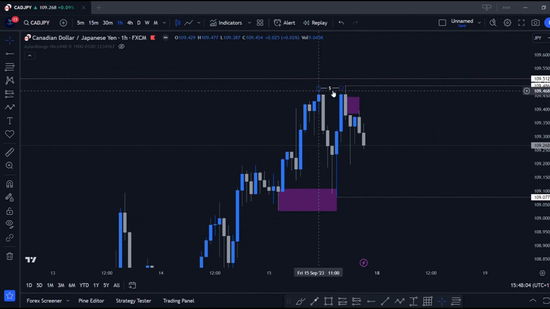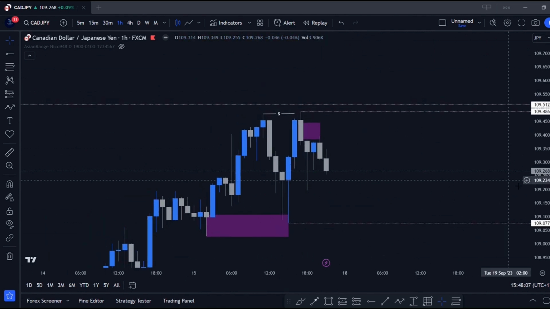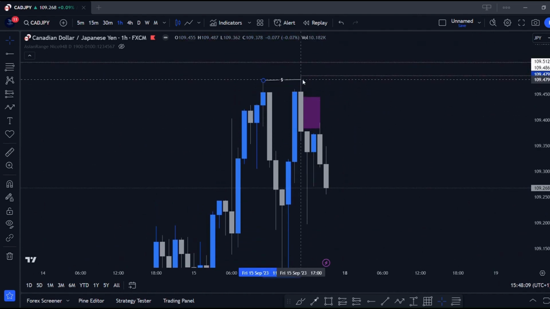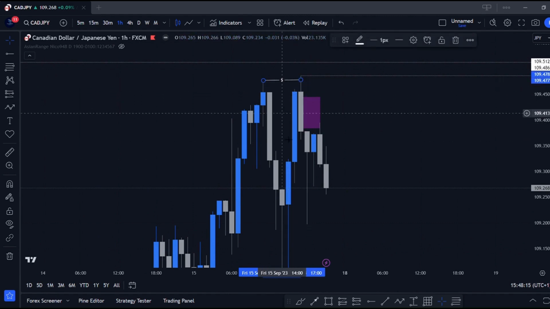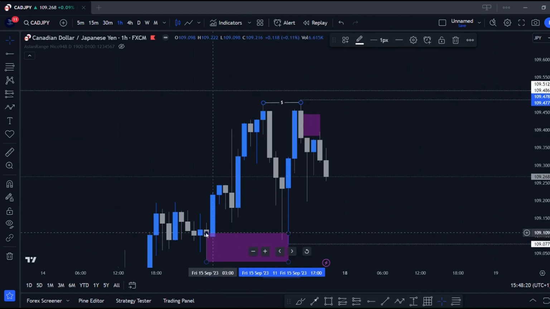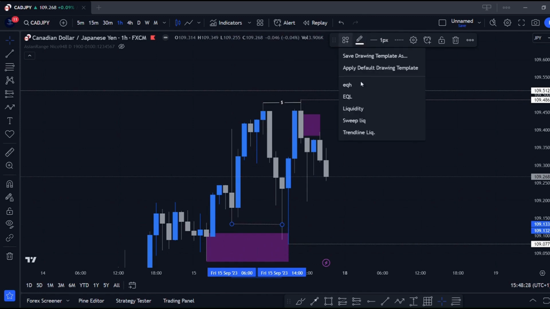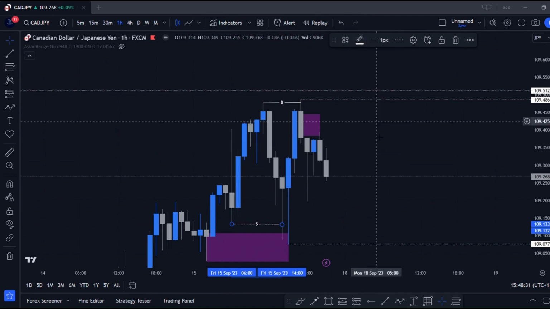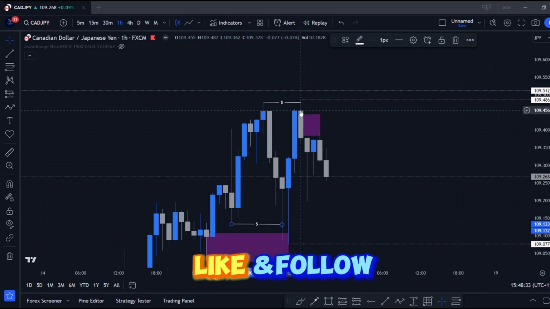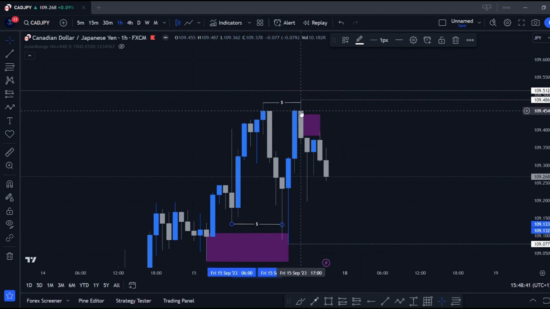Normally when this happens, I look at it as there not being strong buying power from the bulls, because price came down to accumulate all the orders below this swing point, collected them, and pushed upwards and failed to break above this high. Even though the wick closed above this high, price didn't actually close above this wick.